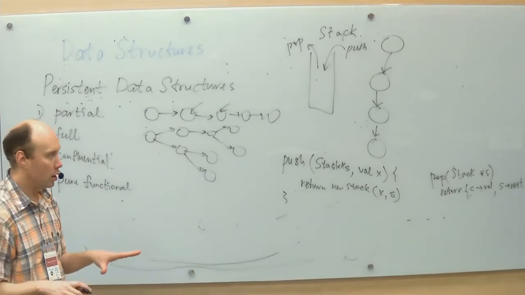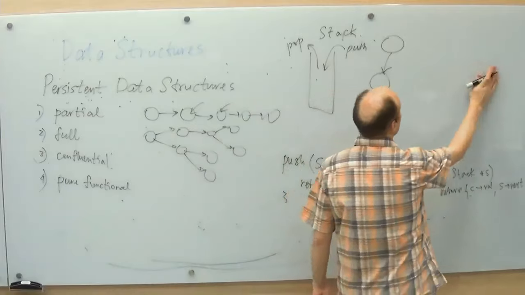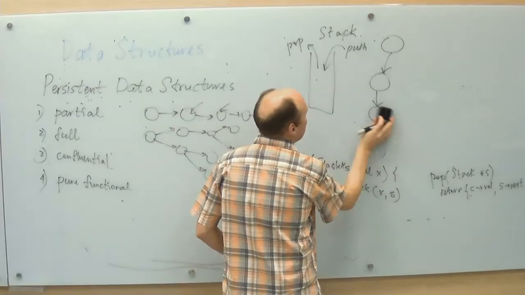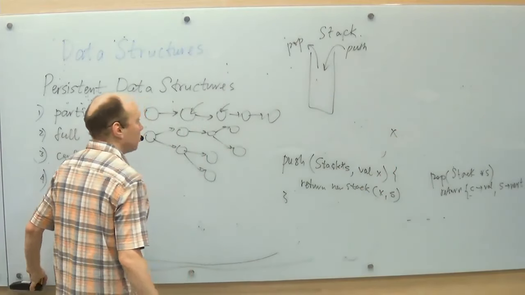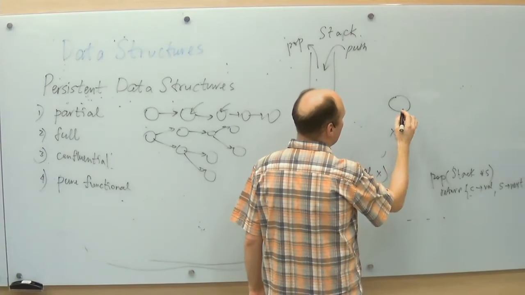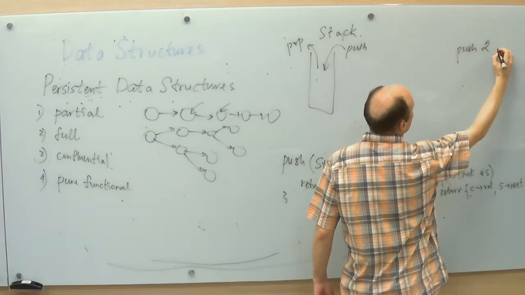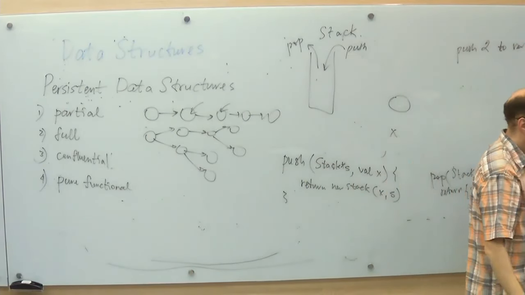How would a persistent stack look in the memory of our program? That would be something like a tree. Initially we have an empty stack, revision 0. Say we push 2 to revision 0.